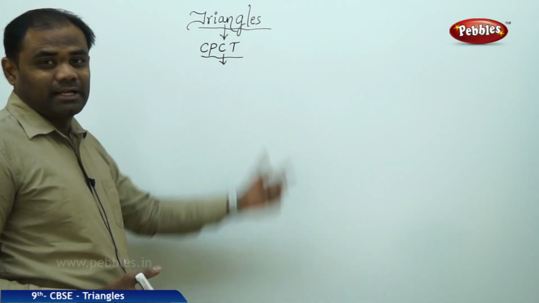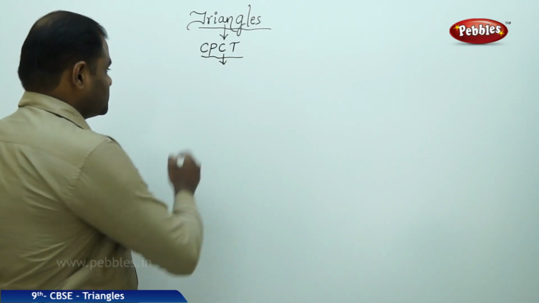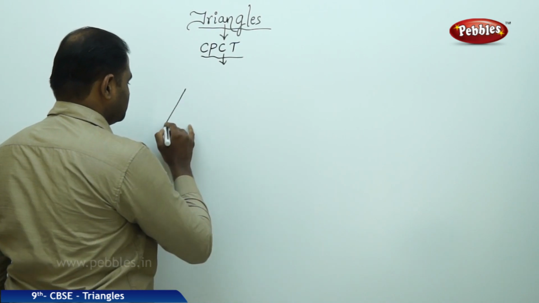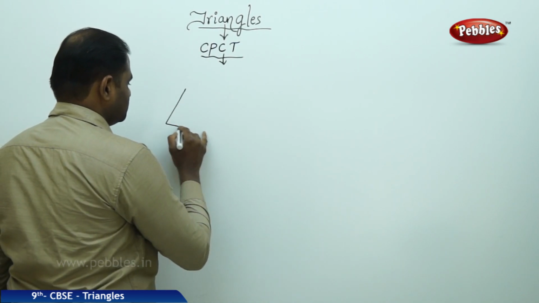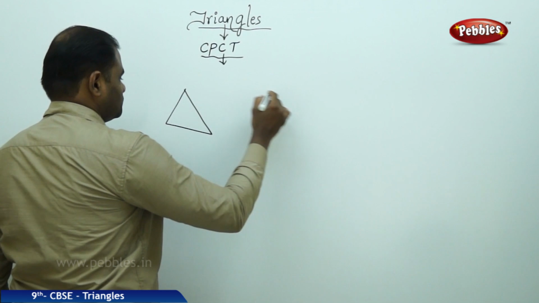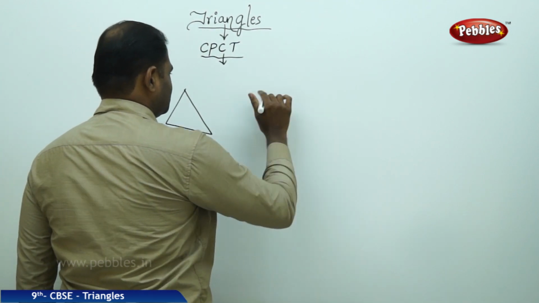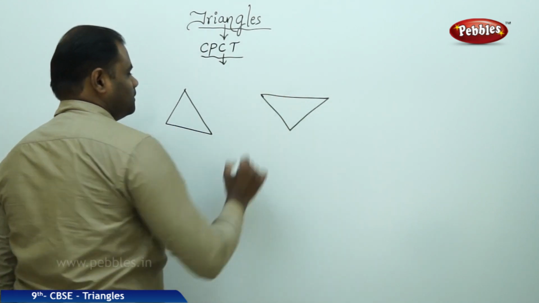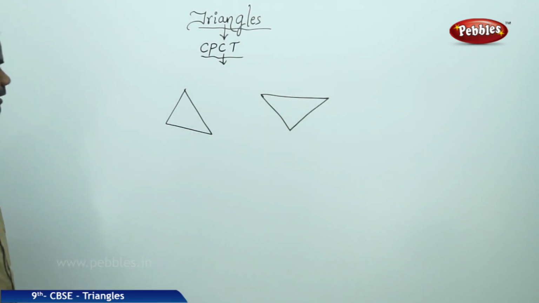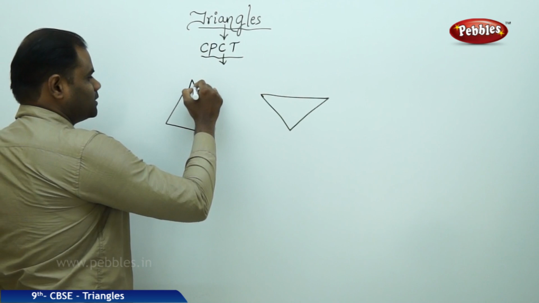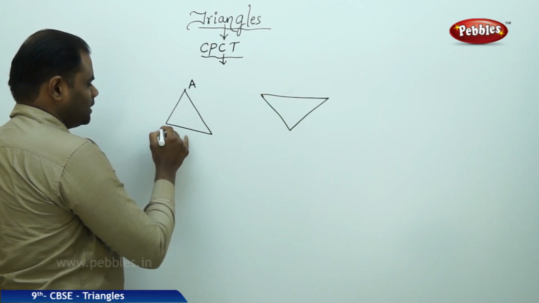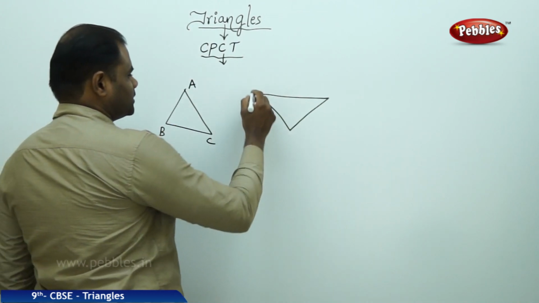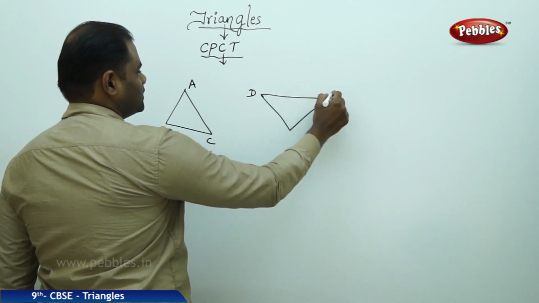Before we understand this, let me take two triangles, say for example, I have two triangles here. Clearly, the first triangle I denote by ABC, and my second triangle I denote by DEF.